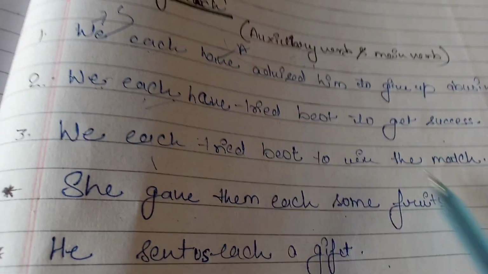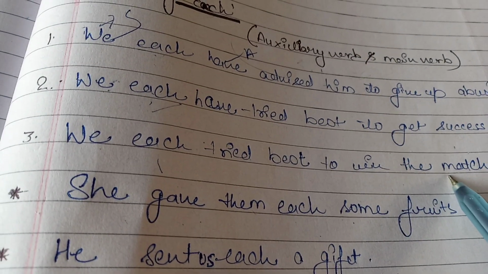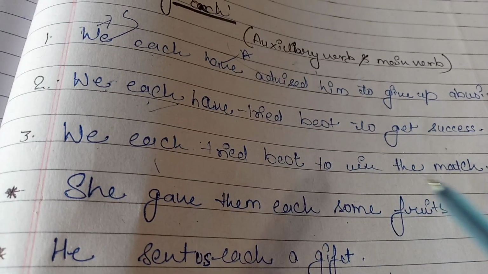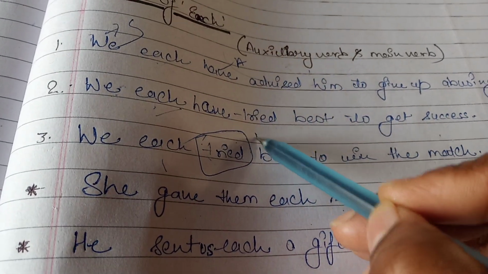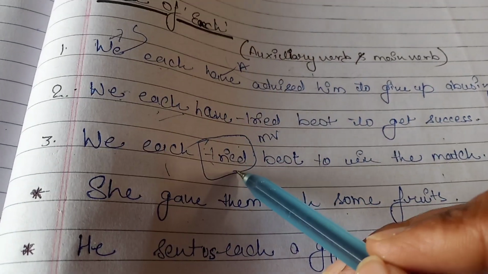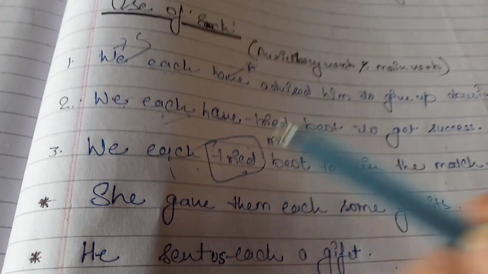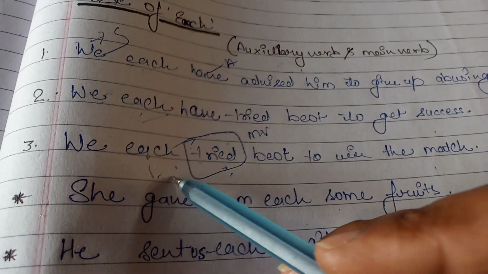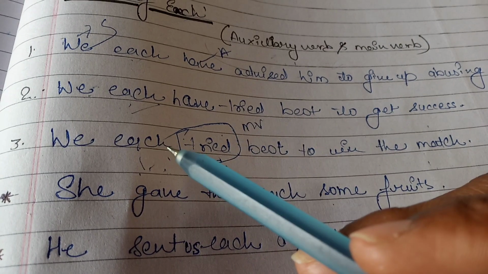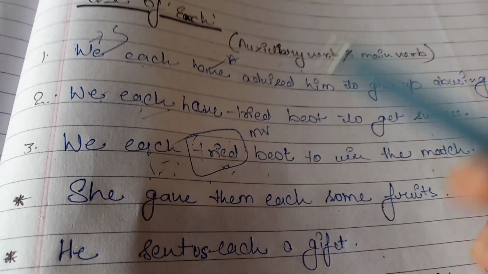We each tried best to win the match. Here you are watching this word tried is the main verb here. So it is used after each. So if there is a main verb in the sentence, we have to use the main verb after each.